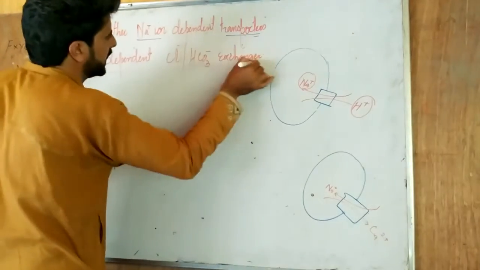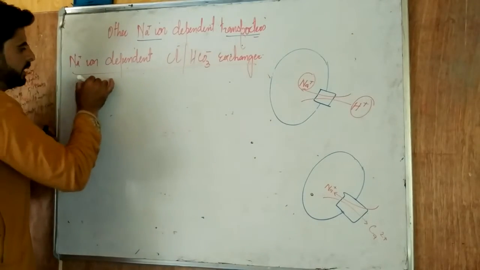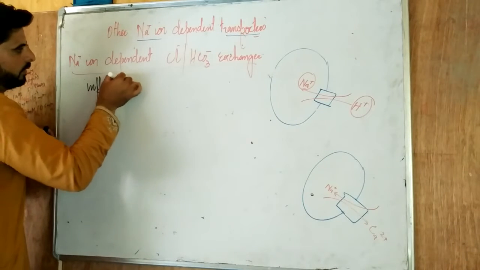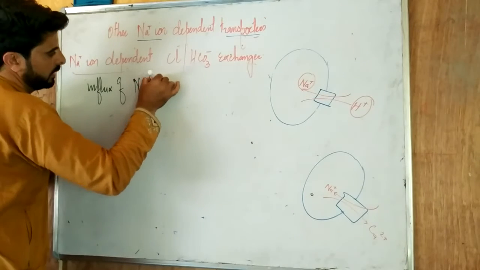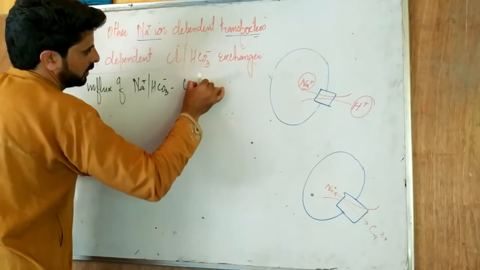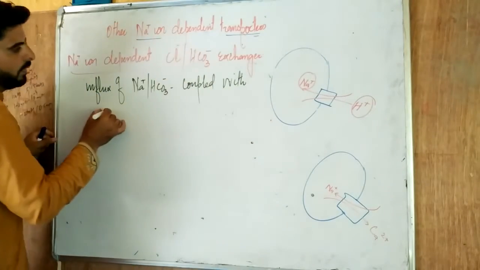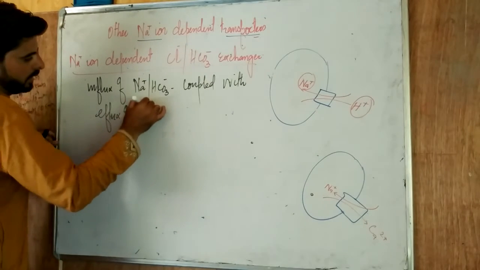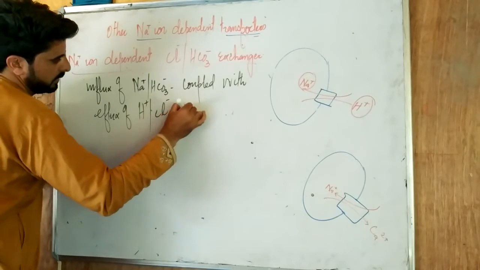In this type of transport, what happens? There is an influx of sodium ions as well as bicarbonate ions coupled with efflux of hydrogen ions and chloride ions.